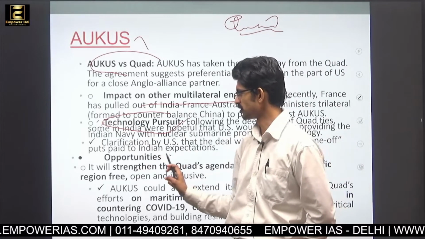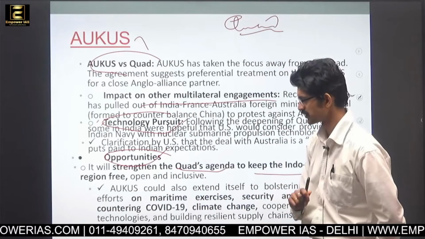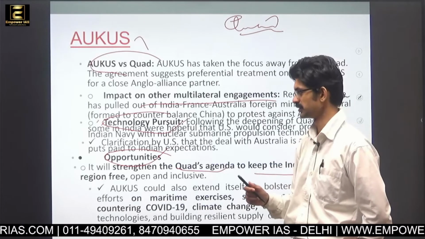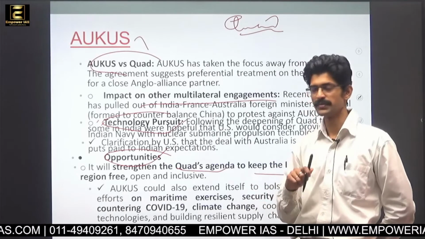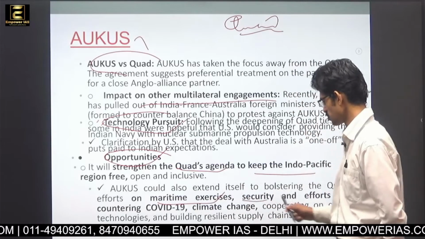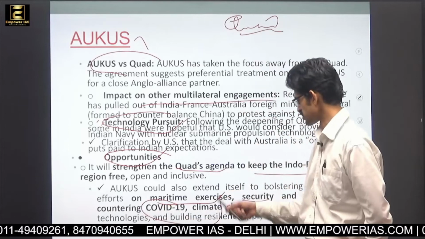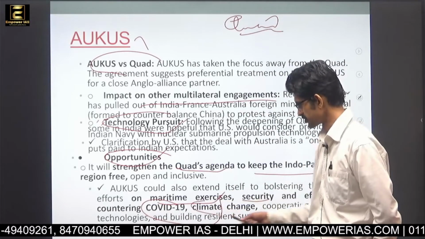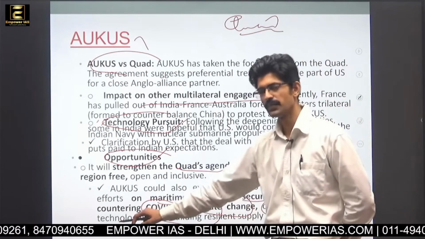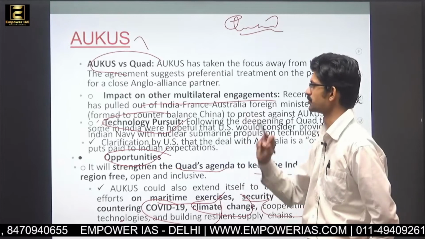Further, it provides opportunity for the Quad's agenda to keep the Indo-Pacific region free of any kind of tensions and hegemony. AUKUS also provides measures for maritime exercises, security and efforts in a COVID kind of pandemic situation. Further, climate change, cooperation in critical technologies and building of infrastructure is also a motto of the AUKUS system.